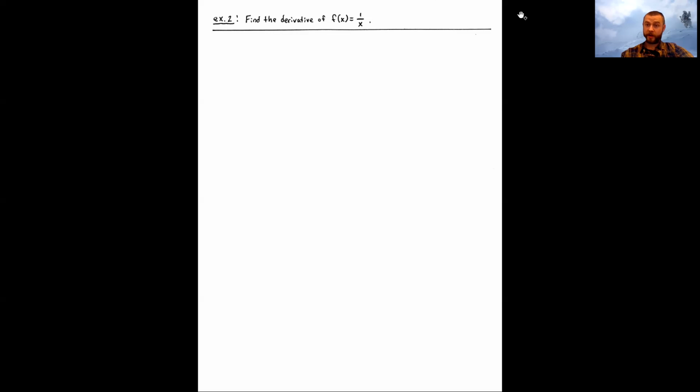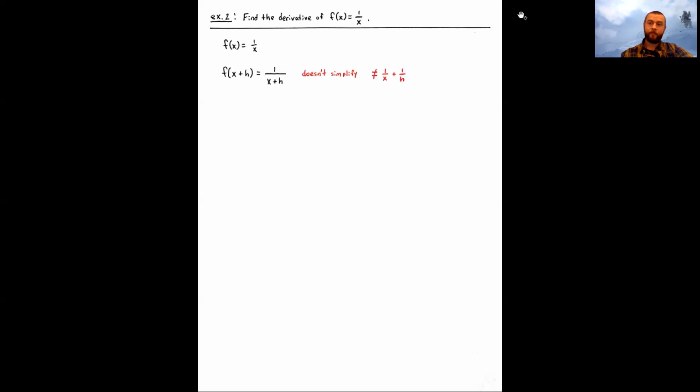All right, are you ready? Did you think your algebra skills are top-notch? Let's find out. Okay, the first step here, plugging in x plus h to our function 1 over x. That's really simple. There's nothing we can do with that fraction, 1 over x plus h. Worth mentioning, a very common mistake, taking that fraction 1 divided by x plus h.